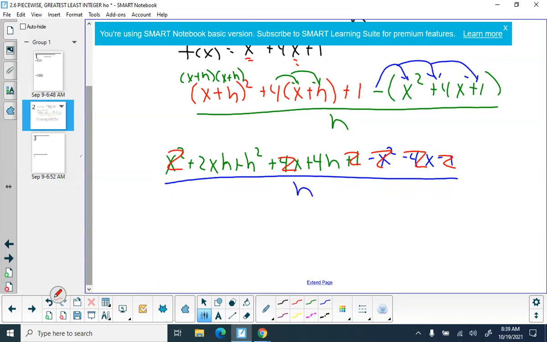So we're left with 2xh plus h squared plus 4h. And this is all over h. Everything else cancels. And we look to cancel an h out of all three of the terms.